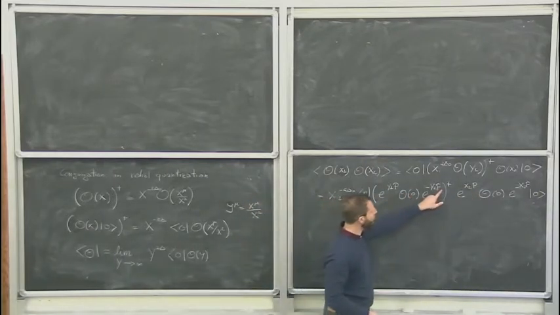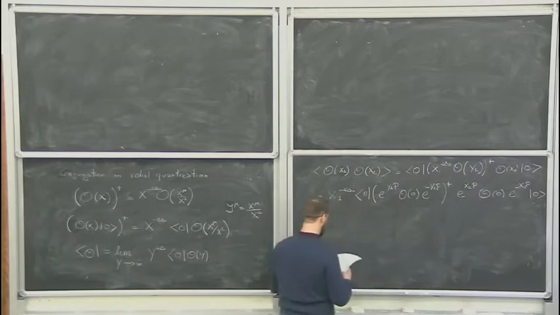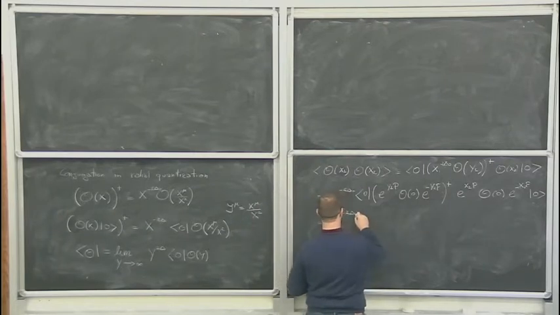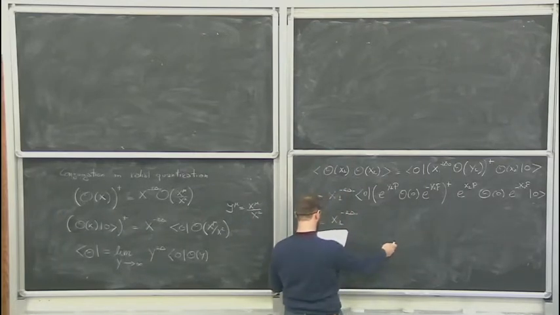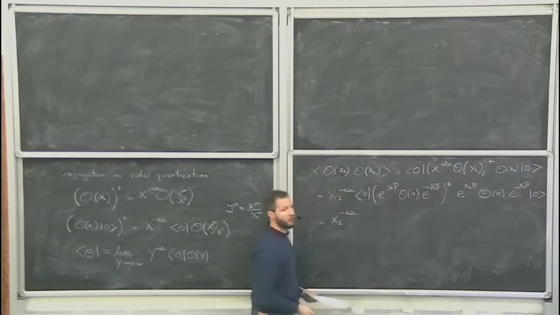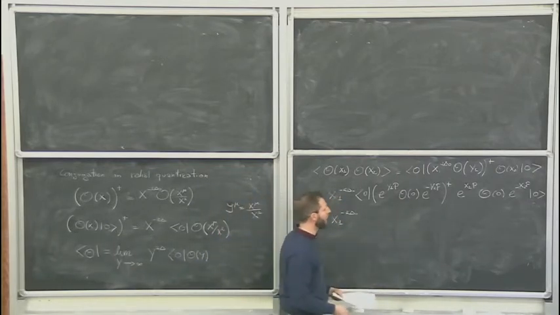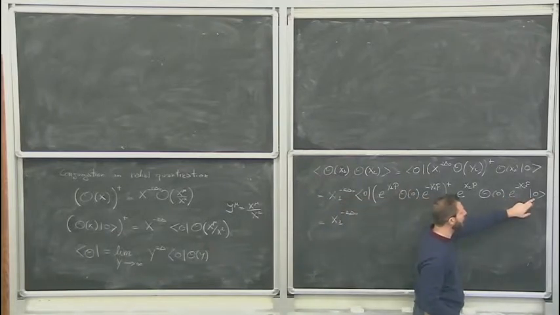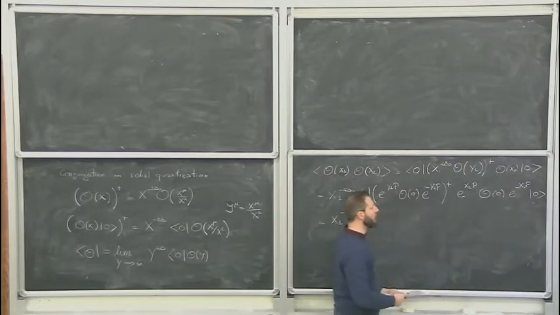And now we can take the conjugate, and we can remember that the conjugate of the generator P is actually K. And so this becomes something like x1 to the minus 2 delta O. Of course, when a generator acts on the vacuum, it is invariant, so it's not a problem.